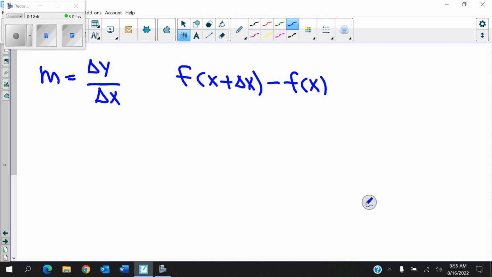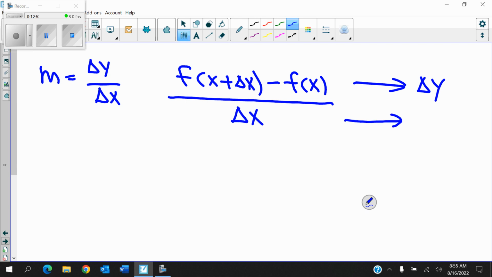That represents change in y. But we need the change in x. Well, that's simple. That's just the change in x. But we can't let the change in x be 0. So we have to express this with the limit as delta x approaches 0.